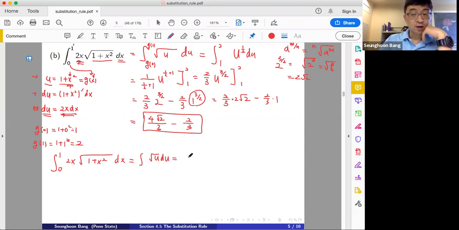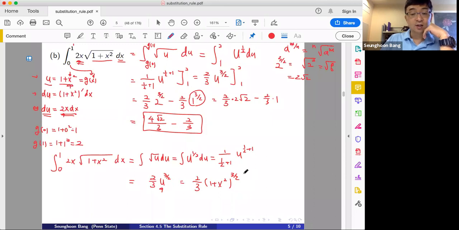Find the antiderivative of u to the 1 over 2: 1 over 2 plus 1 u to the 1 over 2 plus 1, so 2/3 u to the 3 over 2. Then change back: this u is 1 plus x squared, so 2/3 times (1 plus x squared) to the power 3 over 2. Next, you only plug in the lower and upper limits later.